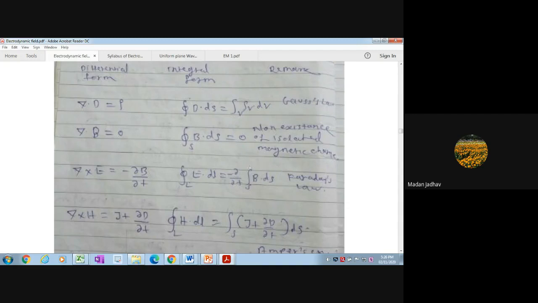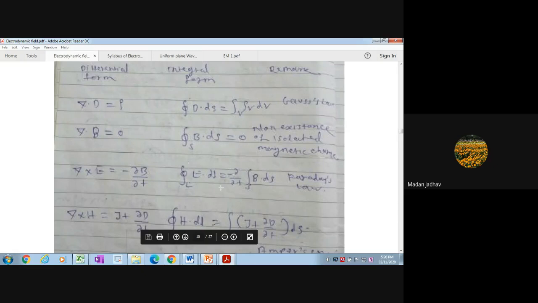Then E dot dl is nothing but the EMF induced, or the voltage.